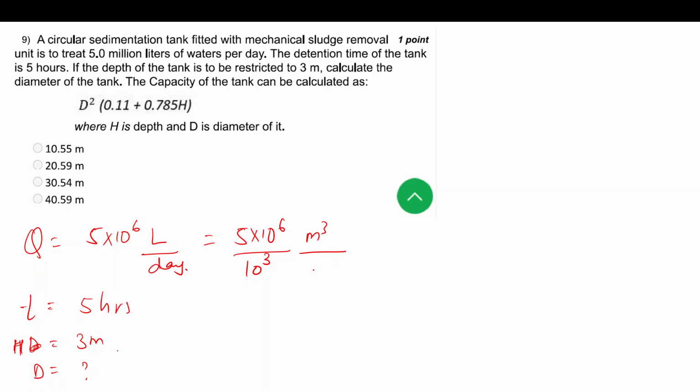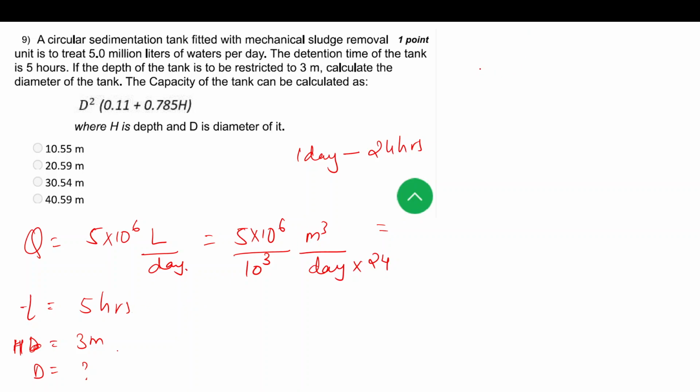Now this time is in days, and 1 day has 24 hours, so you need to multiply by 24. If you do the calculation, you will get the flow rate. Now the units are consistent: everything is in meters and hours.